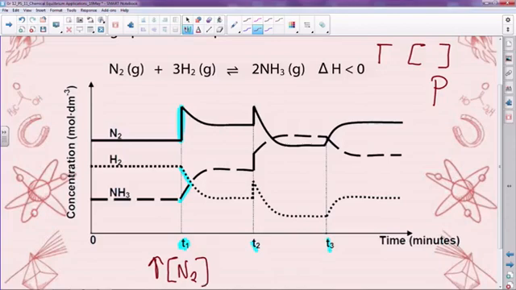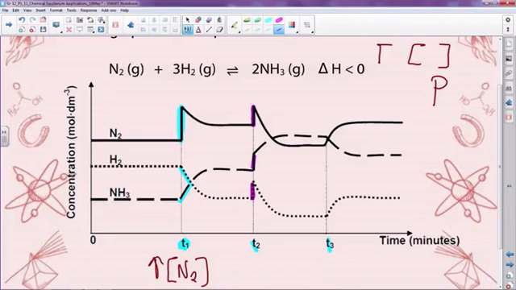Then we get to the next one and we say, fine, now what happened at T2? Watch, look at the graph. T2 does this, increases, that increases. All three increase at once. But there's a spike. That spike tells me that something happened to the concentration. Now, there's only one way that I can increase the concentration of all the gases in my system at the same time.